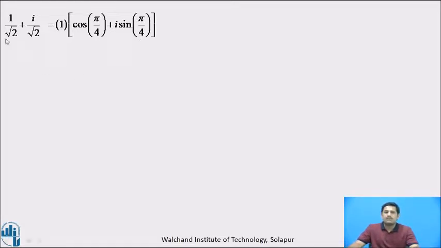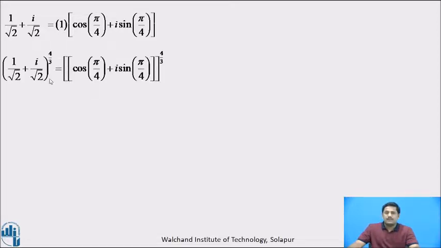Here we take power 4 by 3 on both sides, as we want to calculate 1 upon root 2 plus i by root 2 raised to 4 by 3. After that we get this bracket raised to 4 by 3 equal to the right hand side raised to 4 by 3.